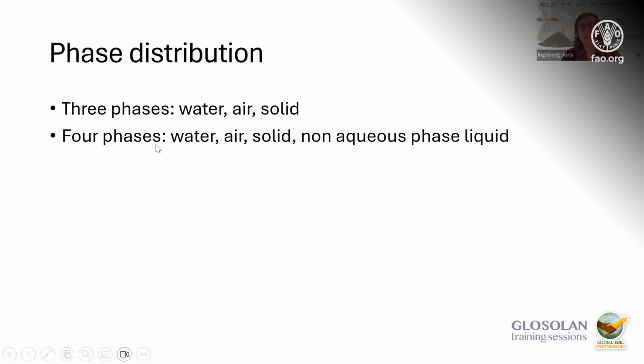Then you don't only have the water, air, and solid phase, but you can also have a non-aqueous phase liquid. This can be oil or gasoline. These are liquids that are not prone to dissolve in the water, and they're present in such a high concentration that they form a 4th phase in the soil.